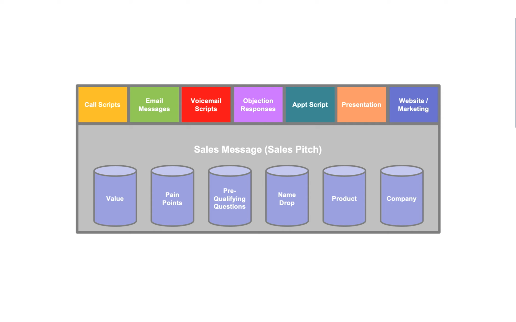We do have the company and product in here, but on purpose I'm putting them towards the end, which is the same place they should be in your cold emails and in your call script. I want you to focus on the customer, the prospect, first: their problems, how you can help them. Those more powerful consultative details come first, and then it's the secondary part of either the conversation or the email series that you begin to talk about your product and company, and I'll show you how that works.